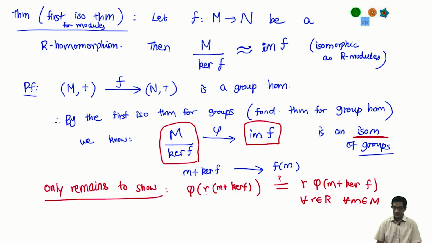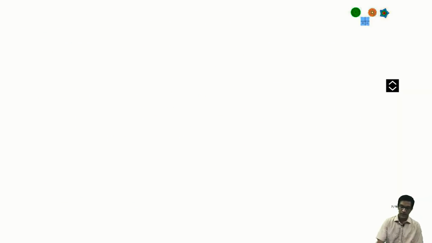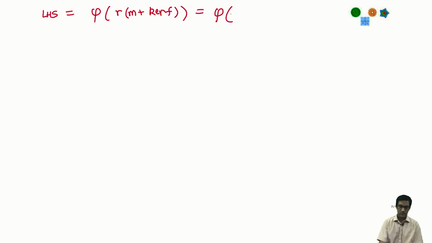So observe that the left hand side is phi of r acting on m plus kernel of f. So let me compute that. r acting on this is, by definition, I just have to act r on the representative, and phi of rm by definition is f acting on rm.